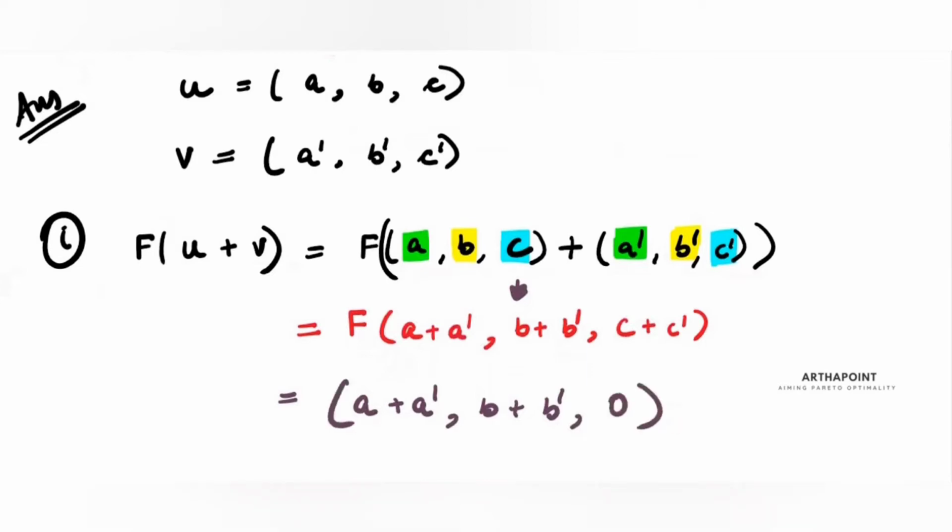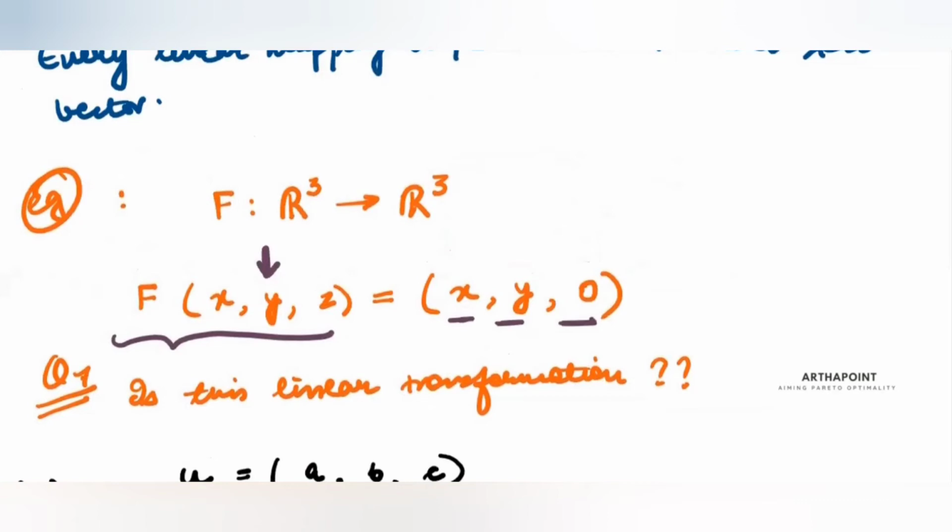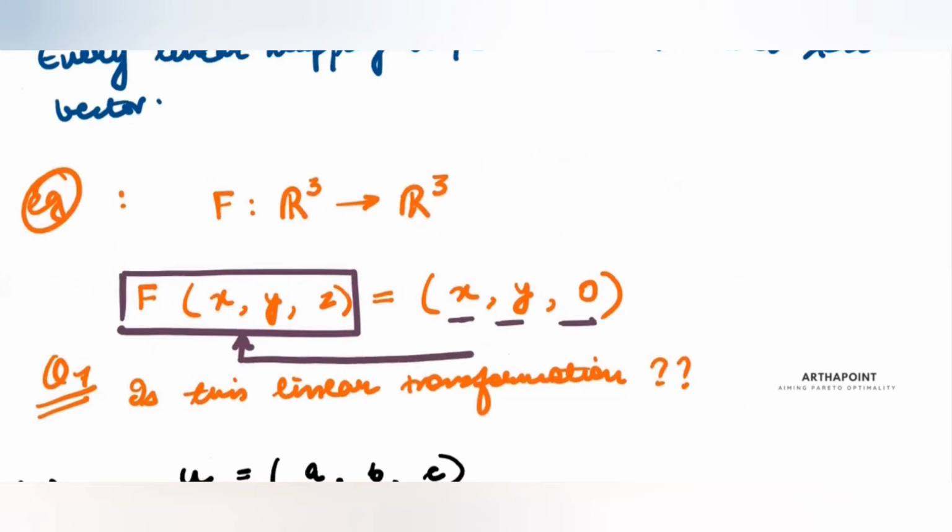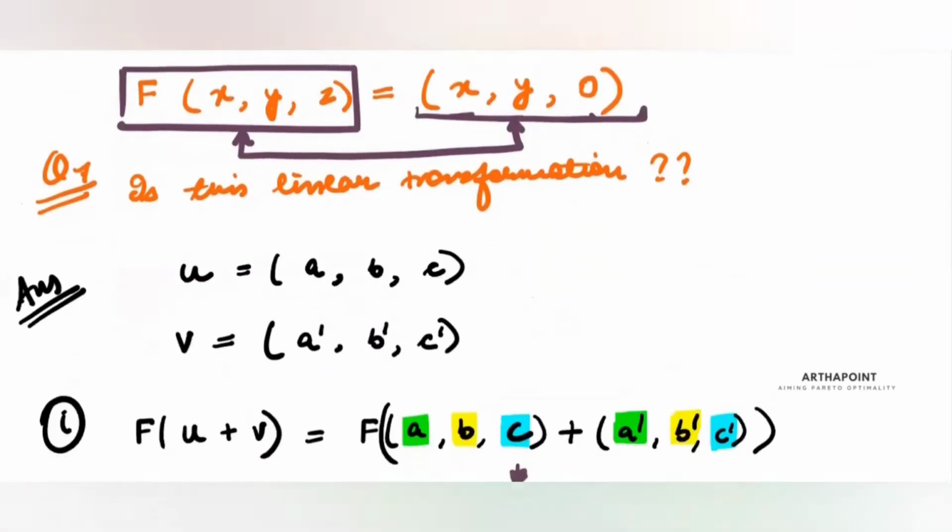This is what the function is doing. Whatever vector you put inside the function, it gives you the output as x, y, and 0.